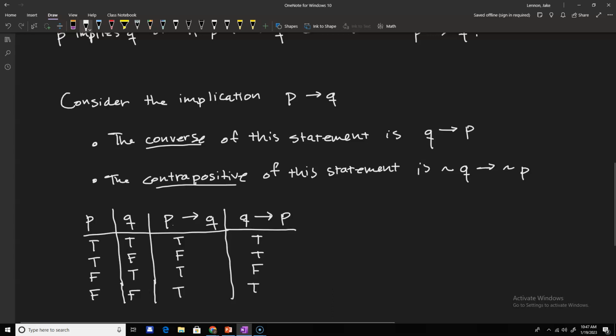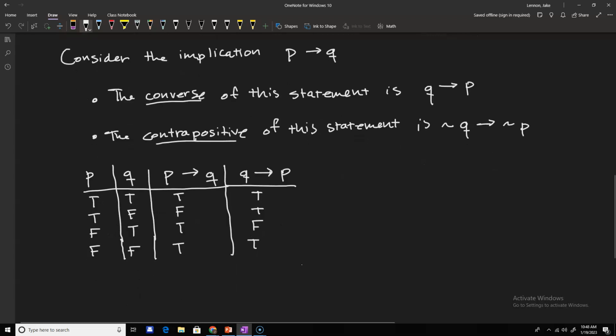Notice that the truth tables for P implies Q and Q implies P do not match up. So they are not logically equivalent. So note that: a statement and its converse are not logically equivalent.